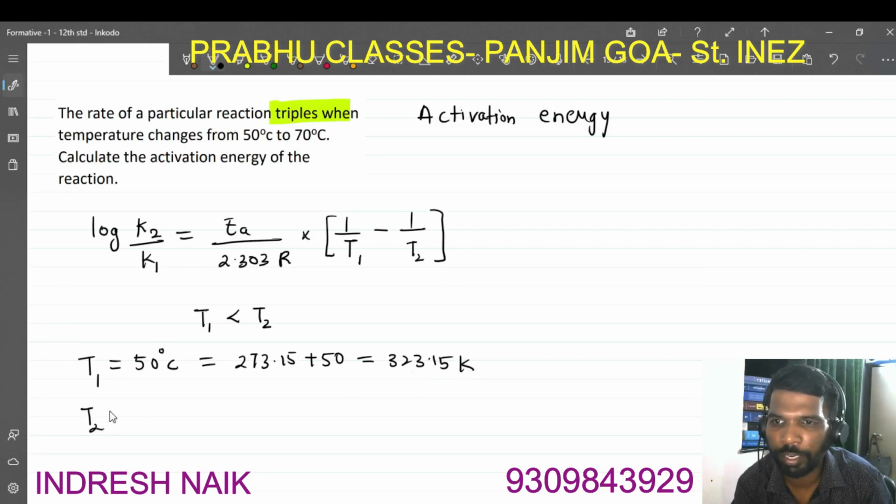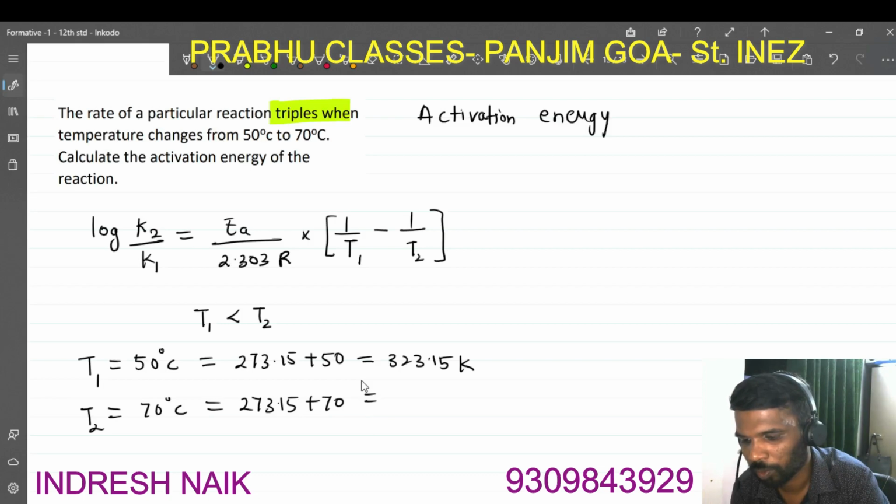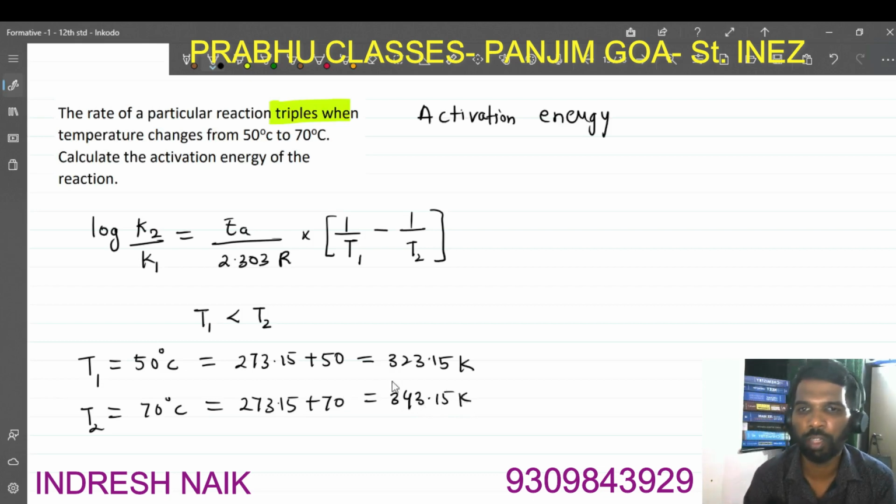And T2 is 70 degrees Celsius, 273.15 plus 70, which means 343.15 Kelvin. So we got both the values of the temperature.